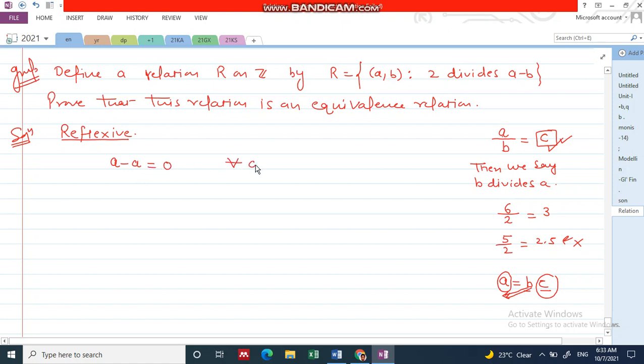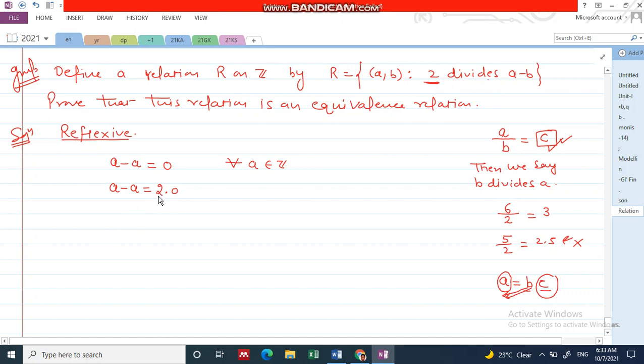You get 0. And it holds true for every integer: whatever integer you subtract from itself, the answer is 0. So this can be written as a minus a is equal to 2 times 0, because 2 times 0 is still 0. Why am I introducing 2 here? Because I want to prove that 2 divides a minus a.